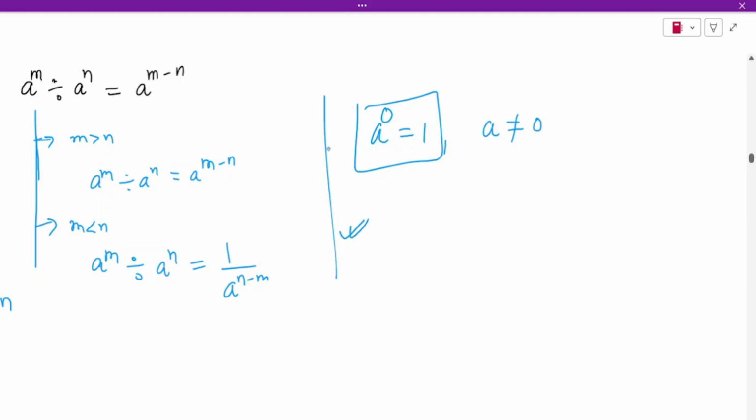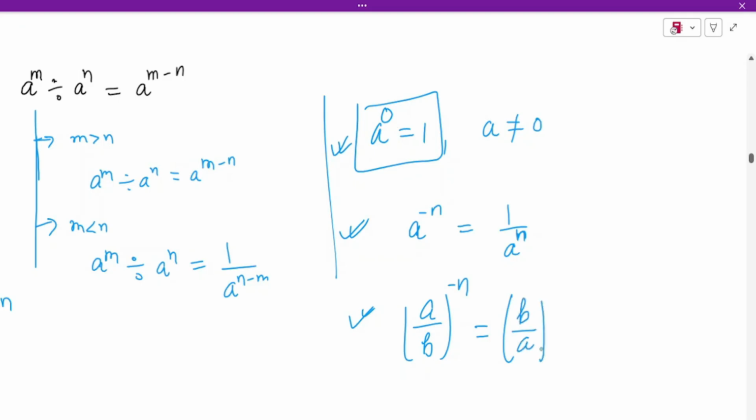And also the reciprocal law: if we have any power as negative, then we can write it as 1 upon a to the power of n. Or if the base is a fraction, like a by b whole to the power of negative n, then we can get the positive power by swapping the numerator and denominator. So we can write it as b by a whole to the power of n.